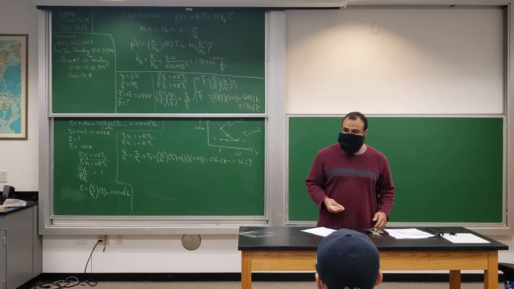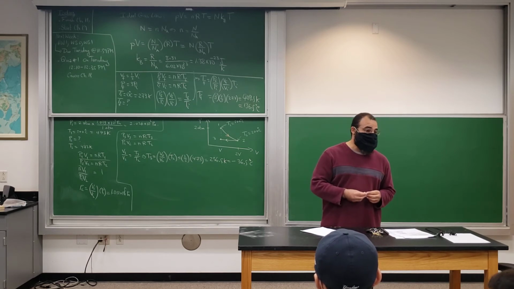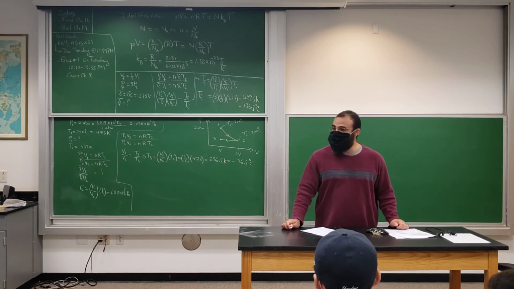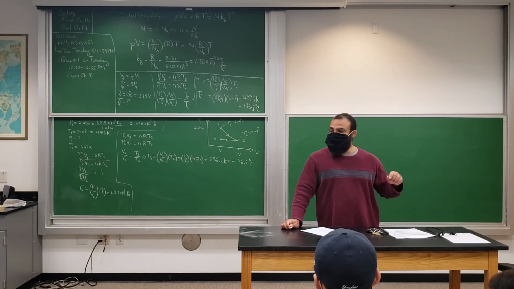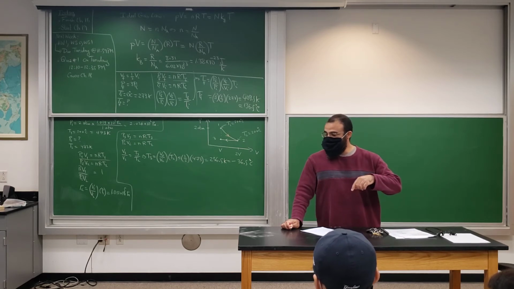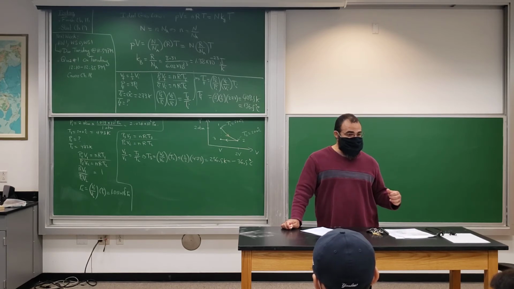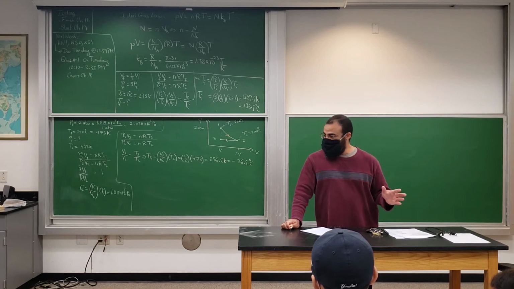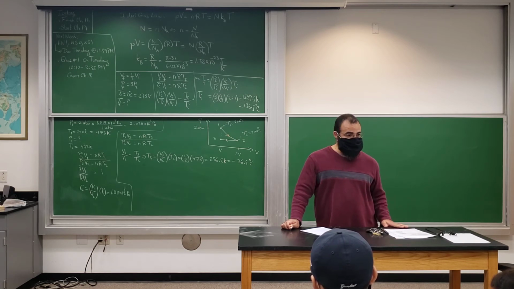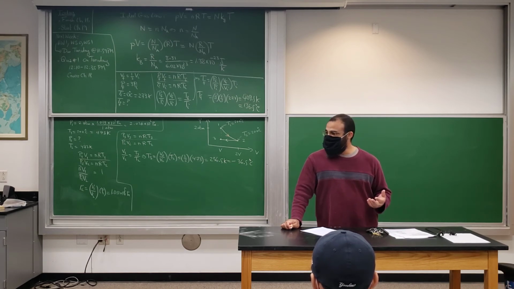And fortunately, or maybe I don't know, our book is unique. It discusses the work done on a gas instead of the work done by the gas. They're equal in magnitude, but they have opposite signs. Every other textbook I've seen always talks about the work done by the gas. And there will be a minus sign difference.